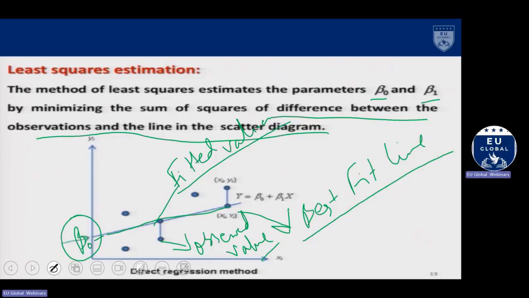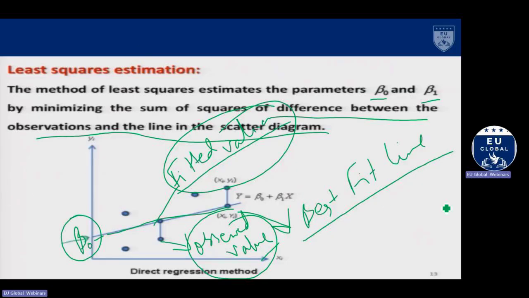So this method of least square basically assumes that we estimate beta naught and beta 1 by minimizing the sum of square of difference, right? Whenever we take the difference between the observed value and the fitted value, we are taking the sum of square of difference, and this should be minimized, based upon this scatter diagram.